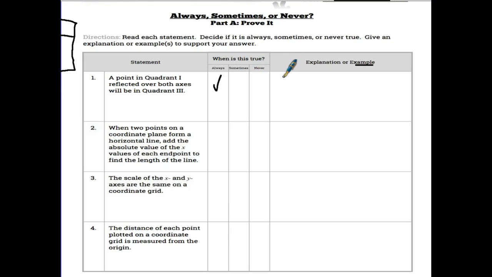Okay, and remember, quadrant 1, your points are positive, x is positive, y is positive. And in quadrant 3, x is negative, y is negative.